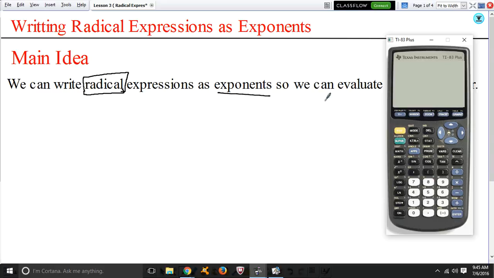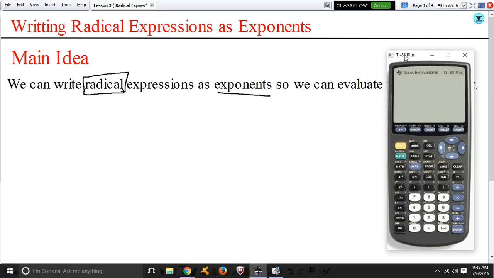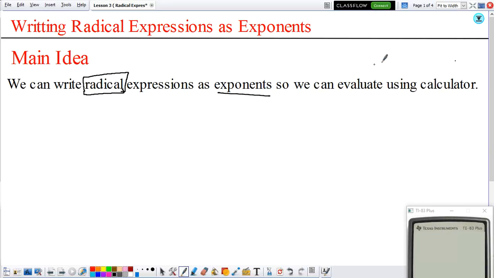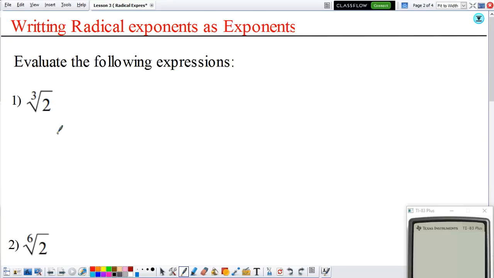First we're going to learn how to go from a root into an expression that has an exponent, and then after that, we can evaluate using your calculator. So let's get started. The main idea here: we can write radical expressions as exponents, because once you write it in that form, then we can evaluate using the calculator.